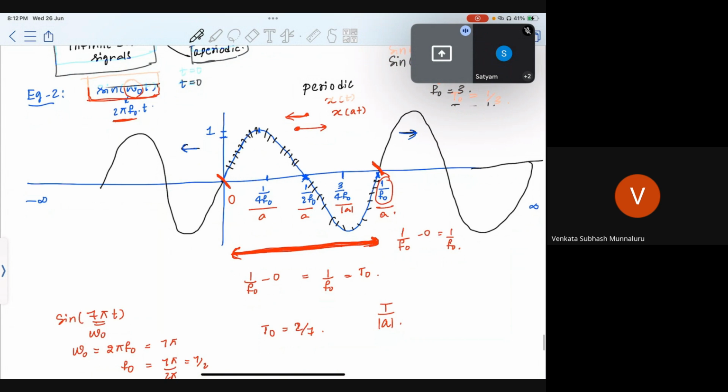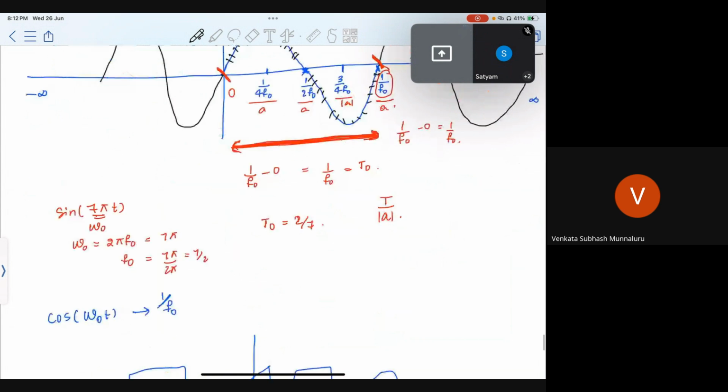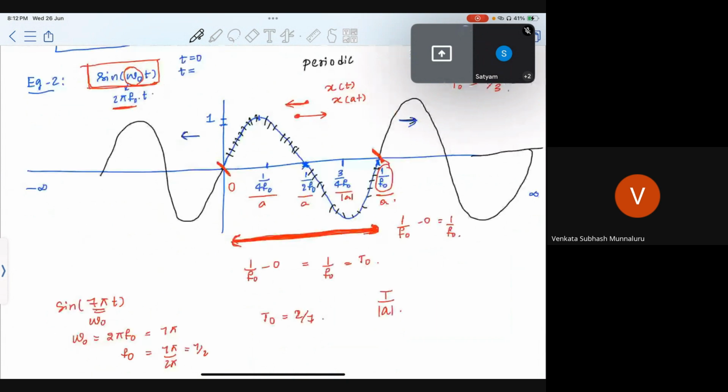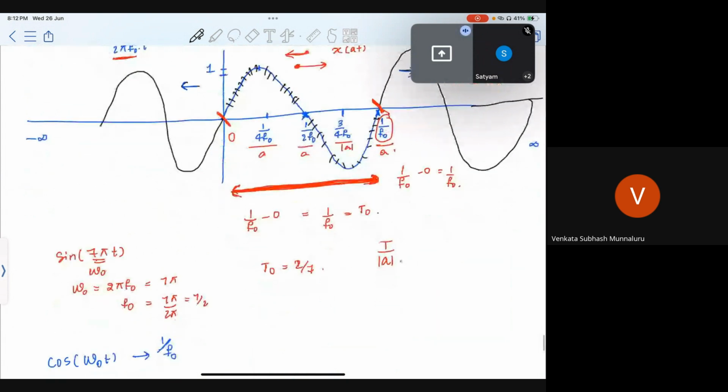We have also seen certain examples, like sine 7 pi t. If you are asked to find the period of this signal, from the above example, if you have the form sine omega naught t, then the period is 1 by f naught.